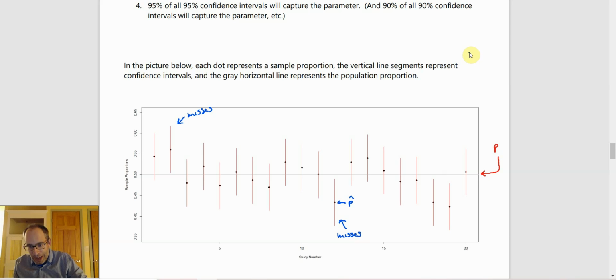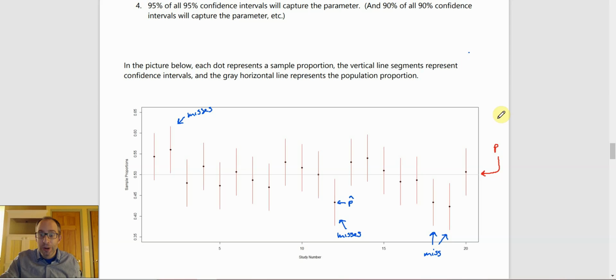And the same thing happens down here with that one and that one. Those also miss, because in both of those cases the sample proportion is so low that the interval can't reach high enough to capture the parameter. I guess this one up here is the opposite, that second one from the left, where the sample proportion is so high that the interval doesn't reach all the way back down.